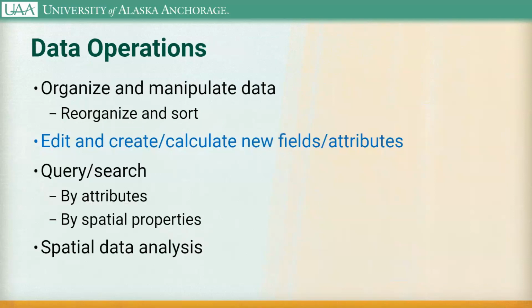So understanding the different data types that you can have within an attribute table, right? One of the neat things that we can do with this data, if we've entered it correctly, is to create calculated fields.